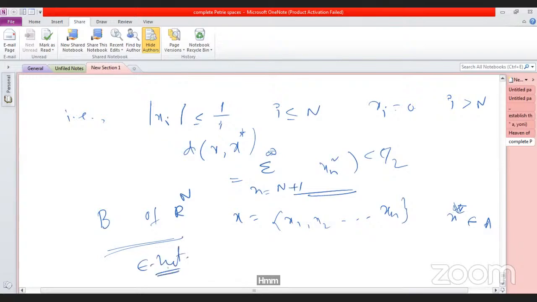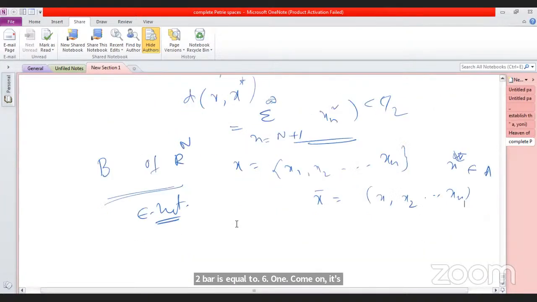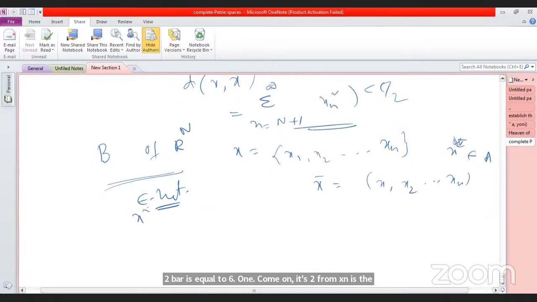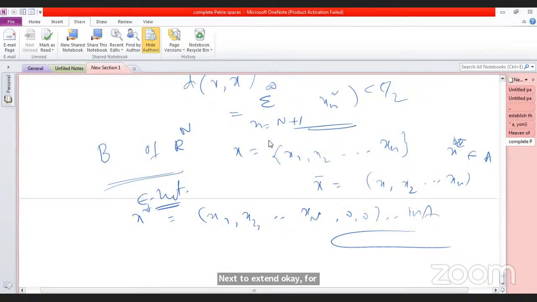అవుతుంది సార్. సో దేర్ఫోర్ కరెస్పాండింగ్ టు ఈచ్ పాయింట్ x bar = (x1, x2, ..., xn) is the epsilon net. So therefore (x1, x2, ..., xn, 0, 0, ...) in A, so 0, 0 we are taking here.